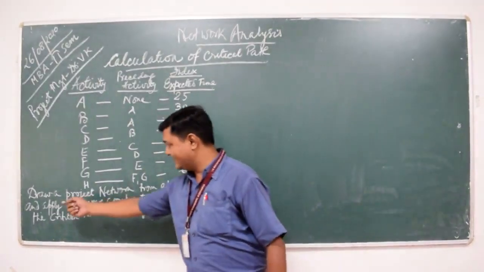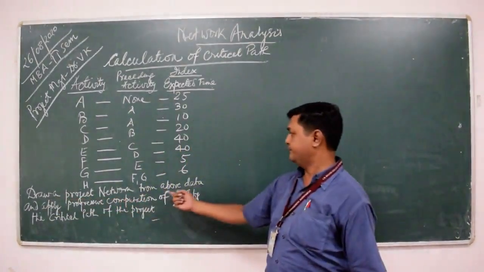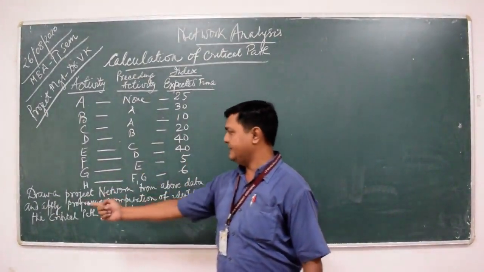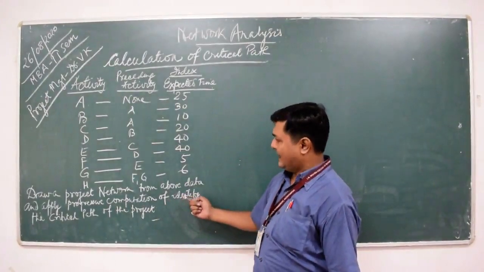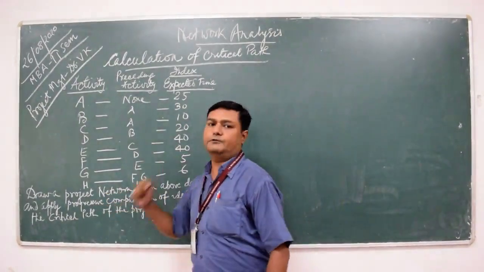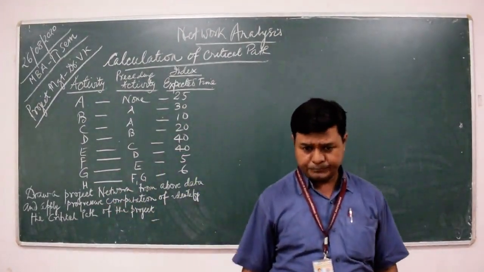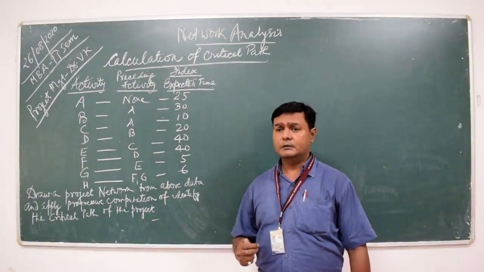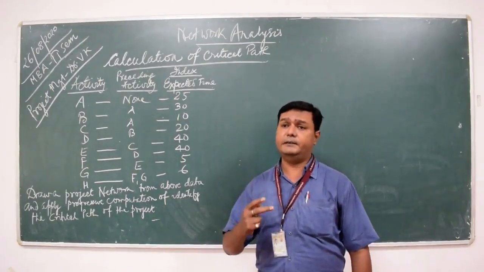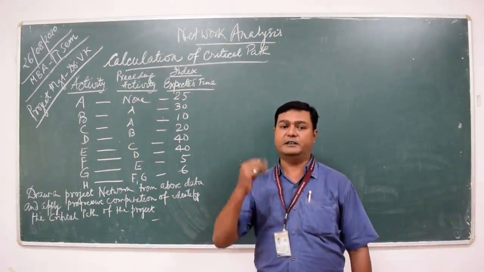The question is written here: draw a project network from the above data and apply progressive computation for identifying the critical path of the project network. Now, what is progressive computation? This critical path can be identified by two methods.